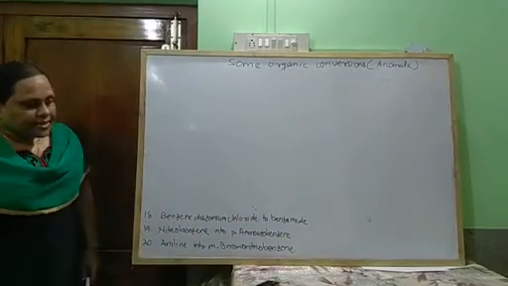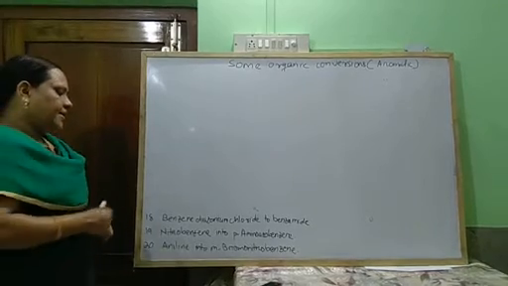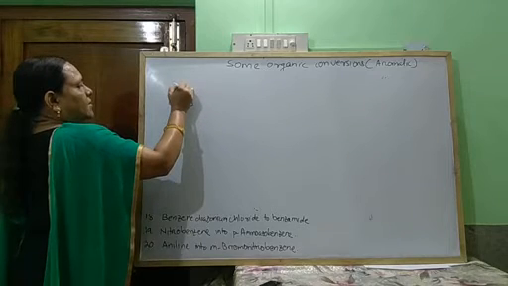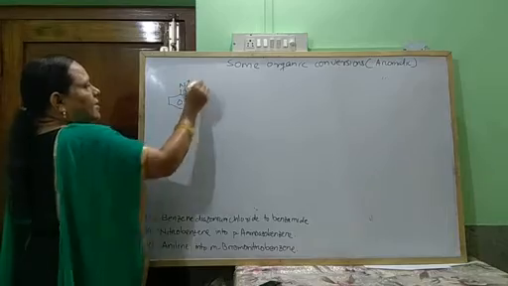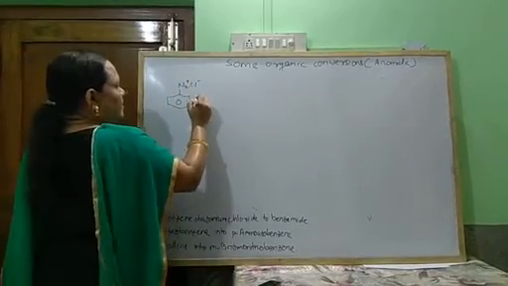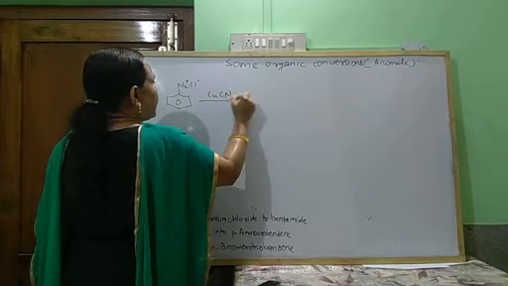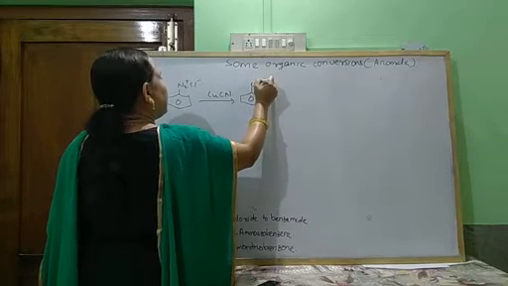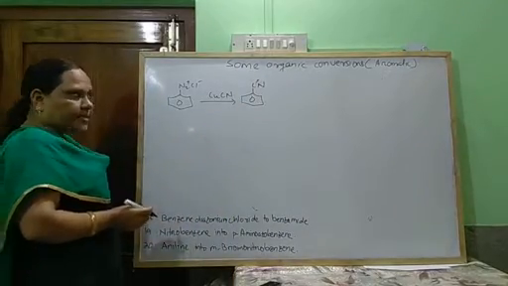Next come to question number 18. That is benzene diazonium chloride to benzamide. So this is benzene diazonium chloride. Then this is treated with cuprous cyanide. It forms cyanobenzene.